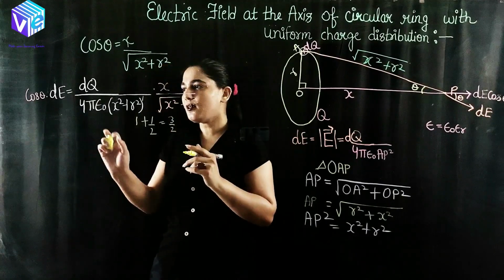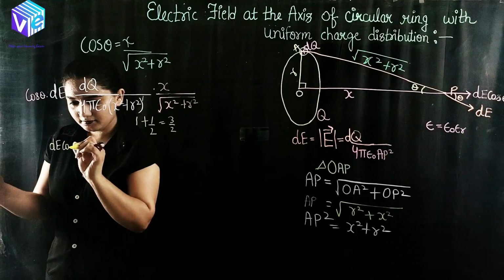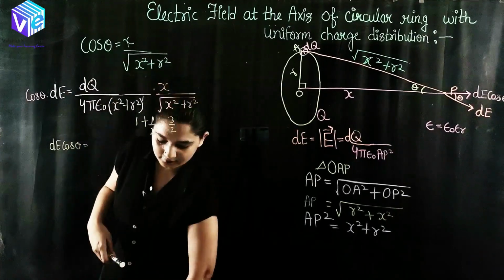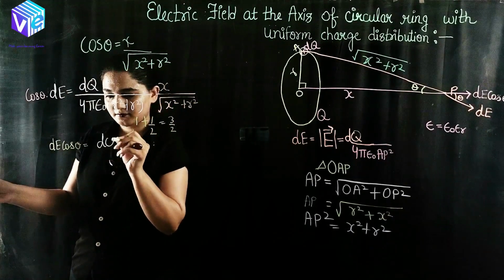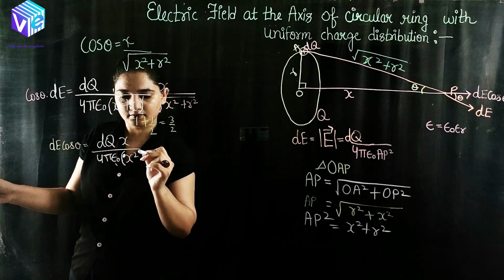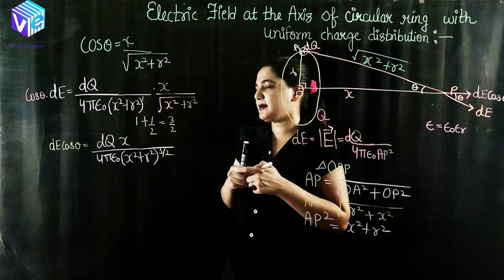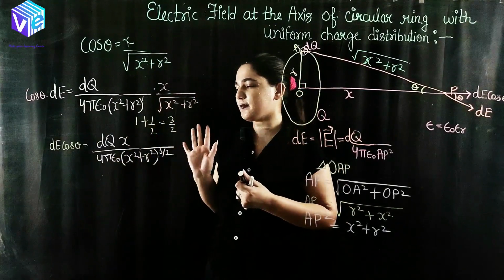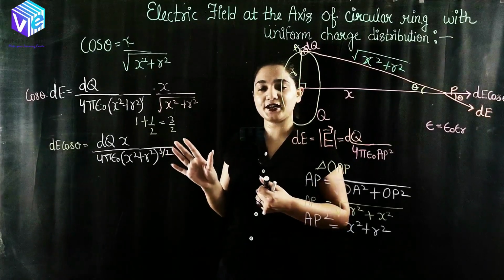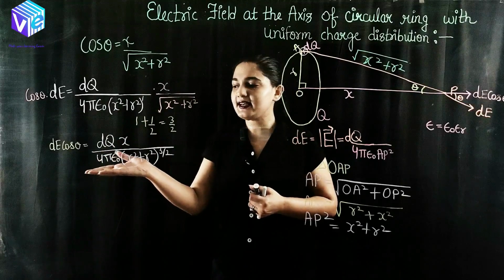So now I can write dE cos theta as dQ x upon 4 pi epsilon naught x square plus r square raised to power 3 by 2. I hope now this thing is clear.